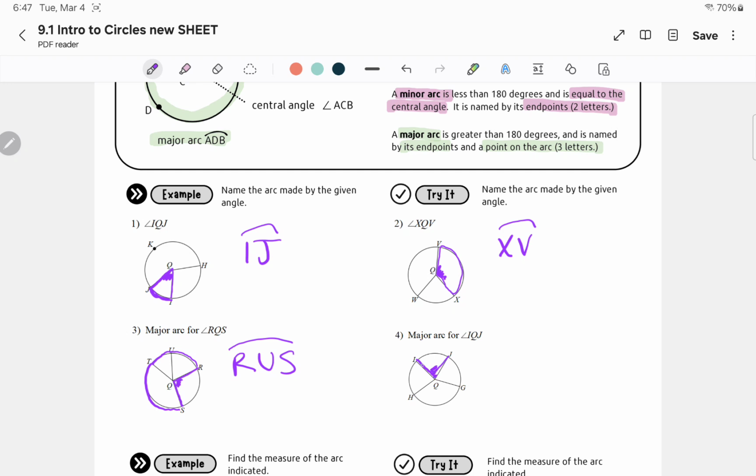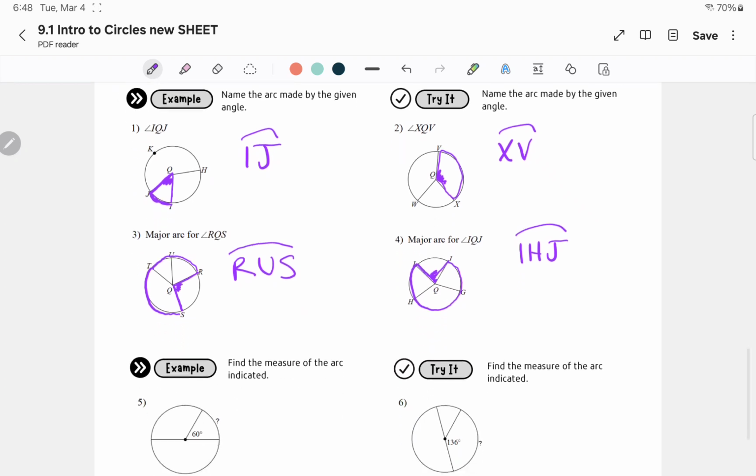So the major arc would be going the long way. So start at I, we're passing H and G, and we're ending at J. So it's I, H, you could have put G, and then J. Again, major arc is 3 letters because it's the long way. So it's where you start, just one other point that you pass along the way, and then where you end, those 3 letters, okay? And if it's the short way, it's just the 2, just where you start, where you end.